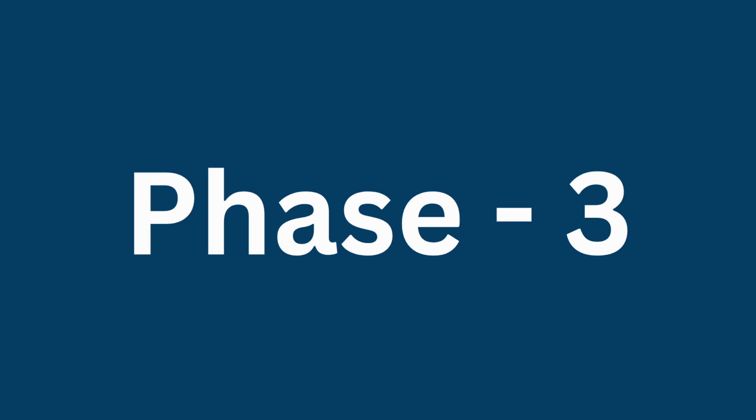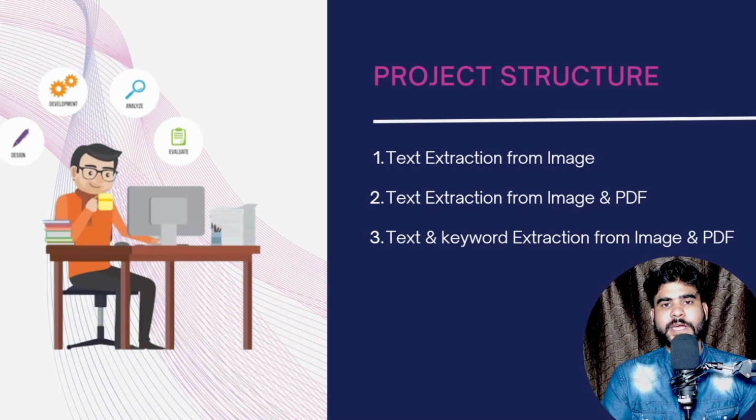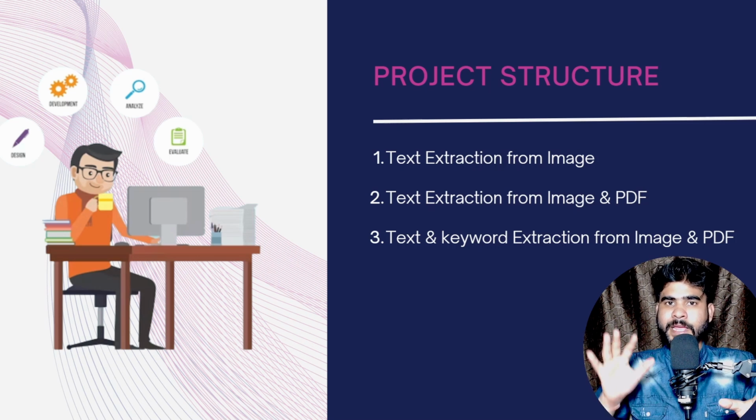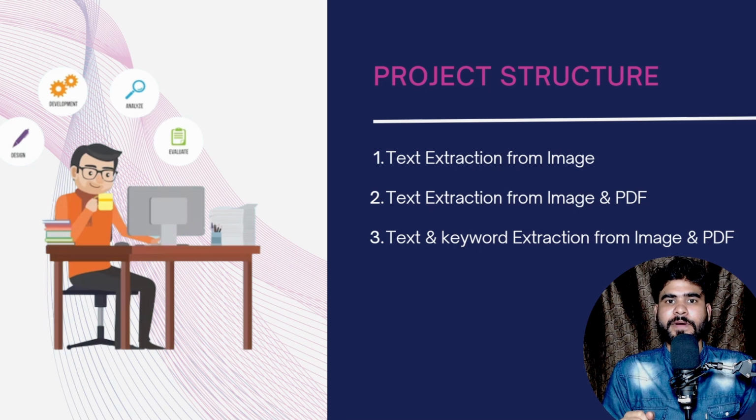Now we are going to start phase 3. In phase 3, we extract text and keywords from images as well as a PDF. First of all, we are going to extract text from our images as well as from our PDF file.